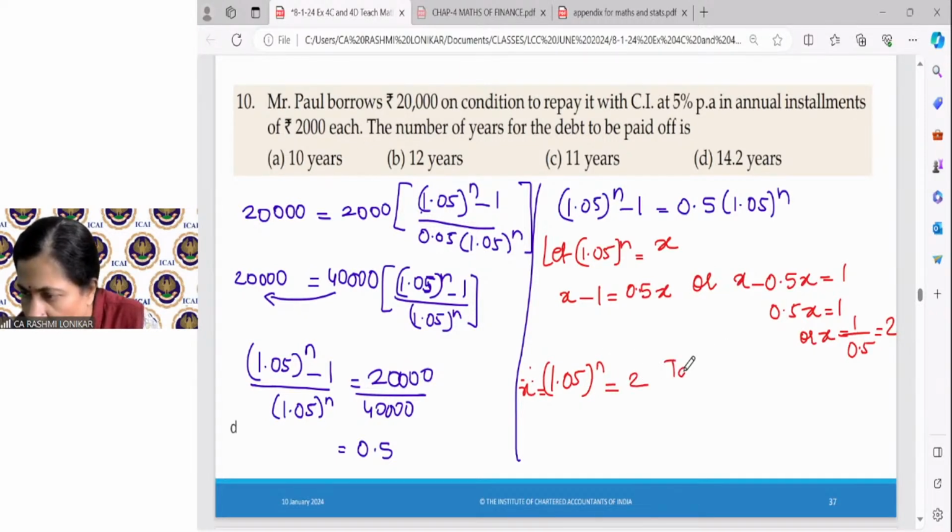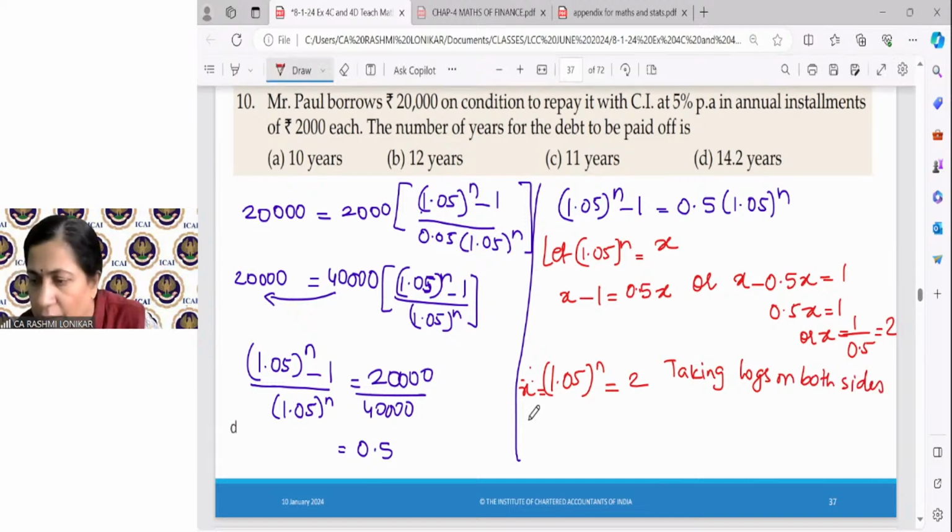Taking logs on both sides, I will get n log 1.05 is equal to log 2, which is equal to 0.3010.